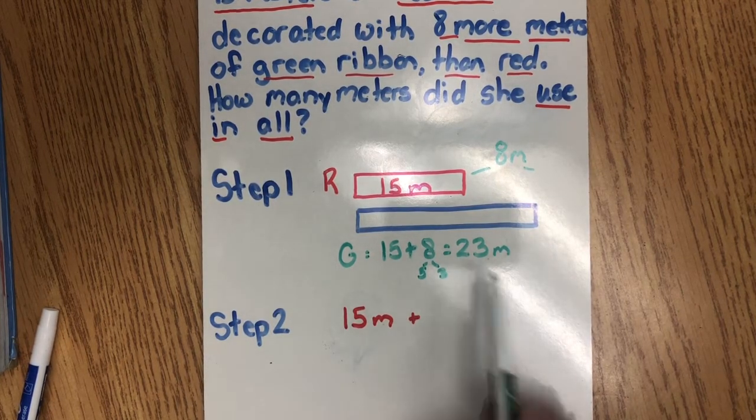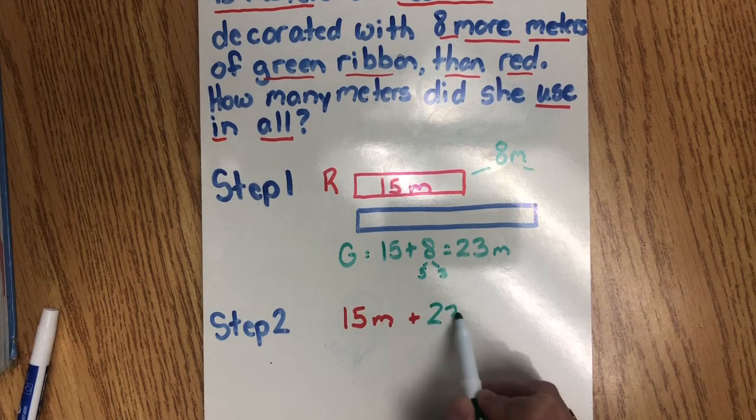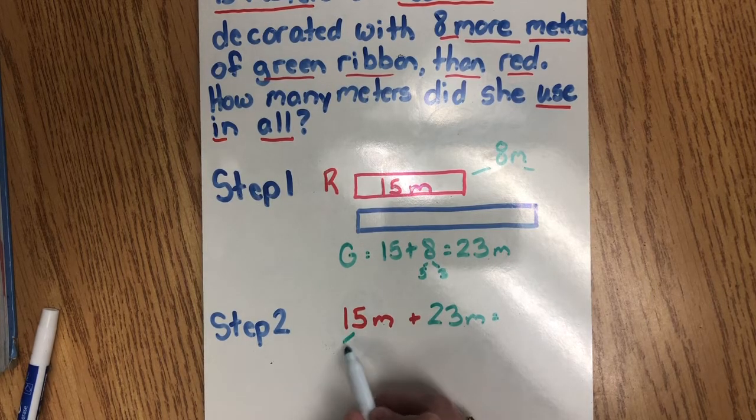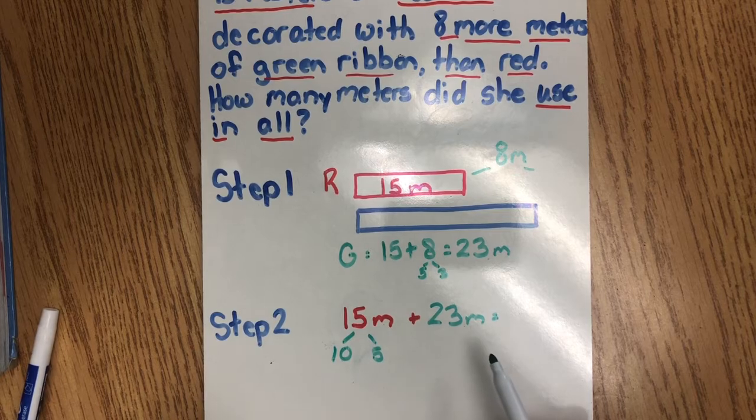Oh yeah, 23. That total. Pull out 5. I know that 23 plus 10 is 33, and 33 plus 5 is 38.